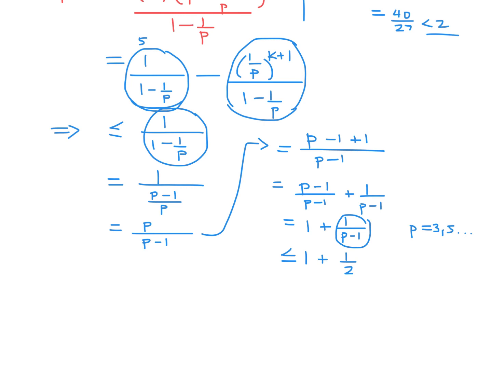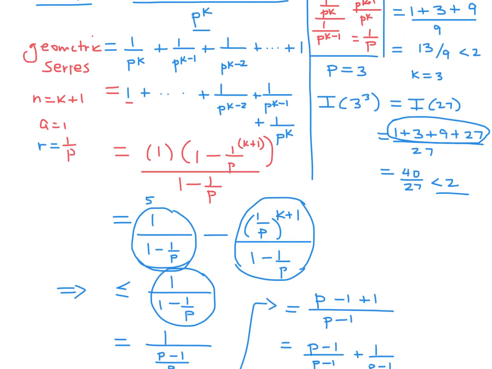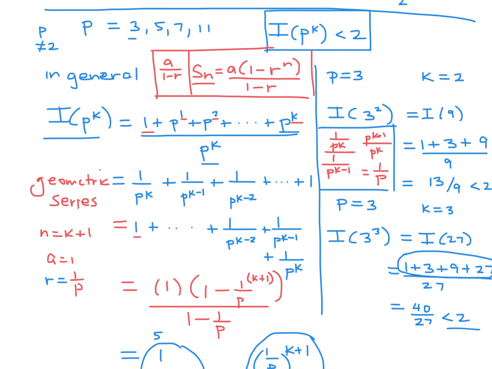If it's 5, it would be 1 over 5 minus 1, which is 4. So this is another key statement that is valid, and that's essentially equal to 3 over 2, which is less than 2. Yeah, so we have proven that it's less than 2, and we started basically with I of p^k.